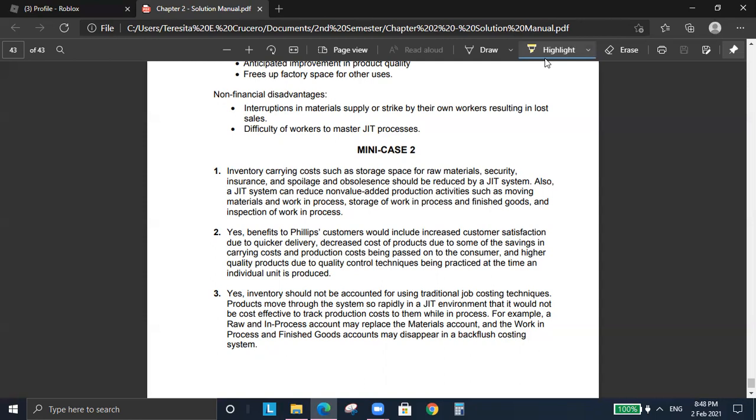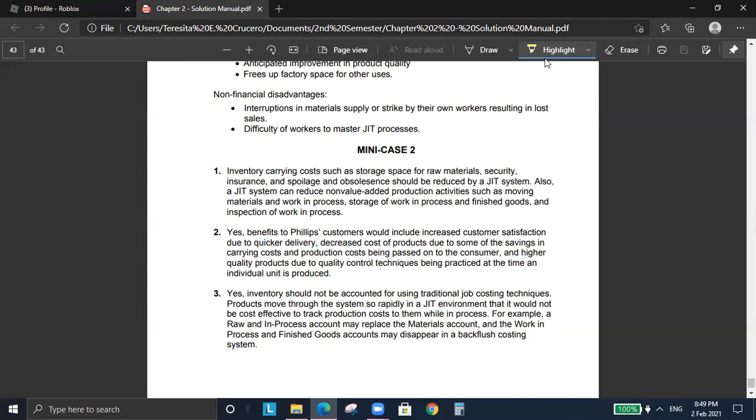Now, inventory carrying costs such as storage space for raw materials, security, insurance, and spoilage and obsolescence should be reduced by a JIT system. Also, a JIT system can reduce non-value added production activities such as moving materials and work in process, storage of work in process and finished goods, and inspection of work in process.